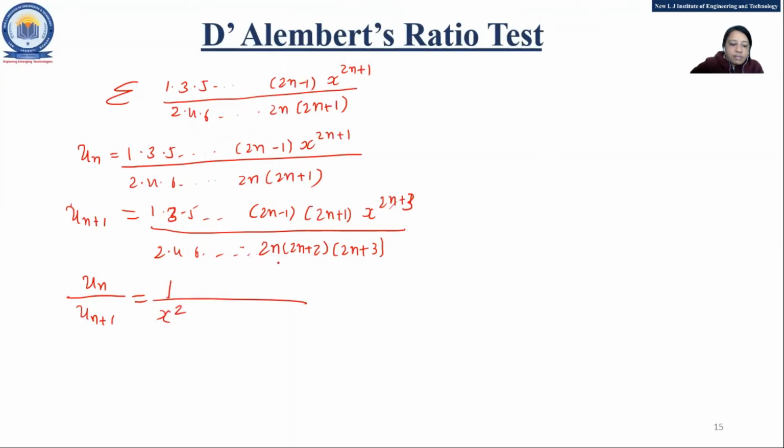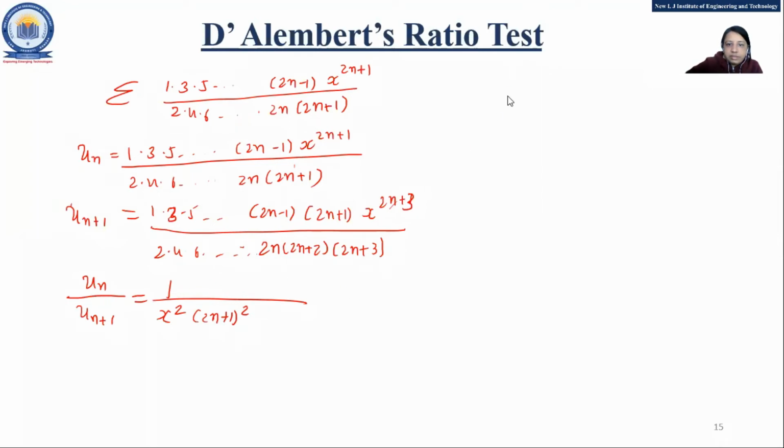Now what about in terms of n? This 2n plus 1, this is what? 2n plus 1. So that is supposed to be square one. So 2n plus 1 square. Okay, anyone?